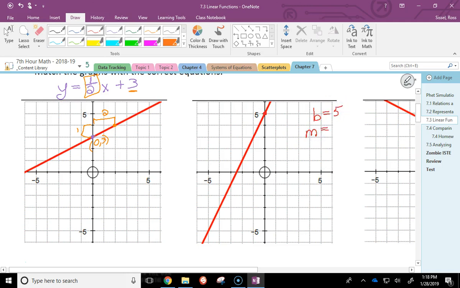How about our slope? Close. Not negative. What kind of slope do I have? It's a positive. It's going up and to the right, correct? So that means my slope is going to have to be still 2 over 1, or we can just say 2. How did Michael get the slope to be 2 over 1? Charles?